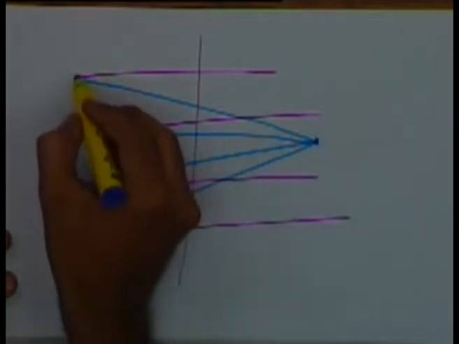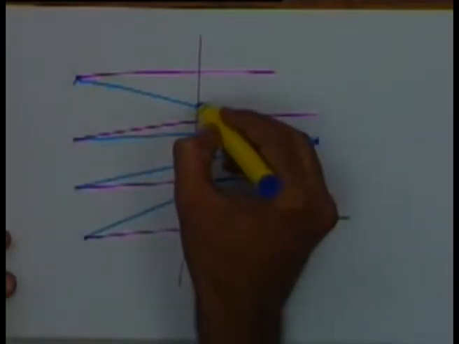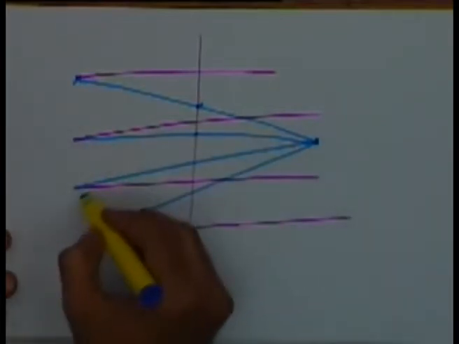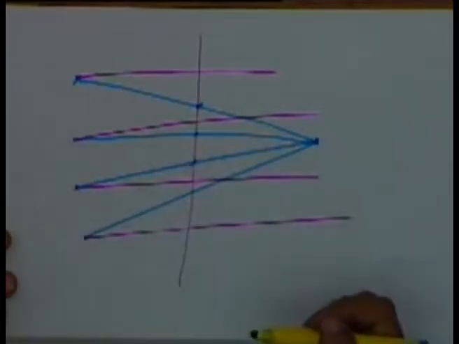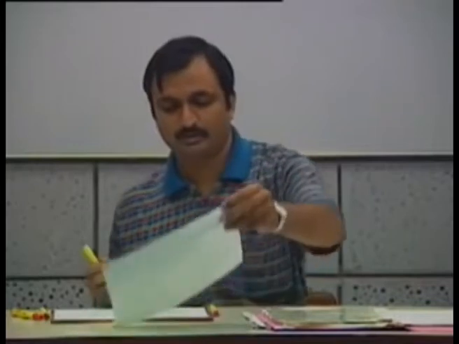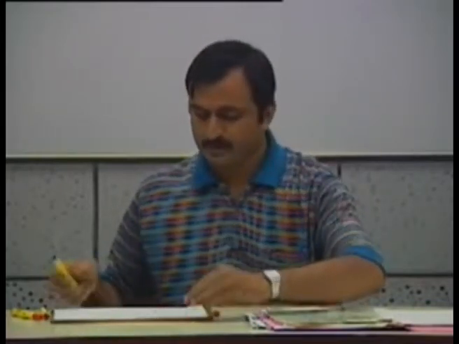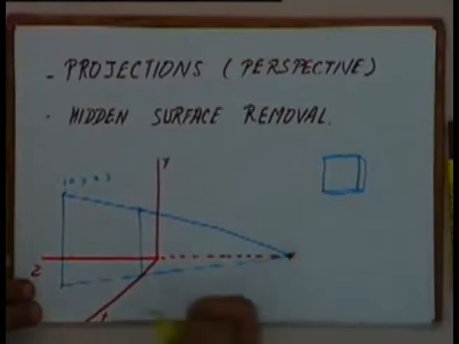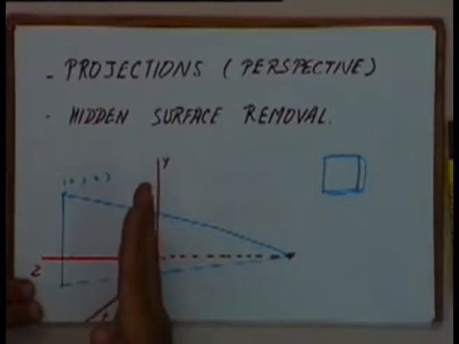In that case, a point here will get transformed to this point, and this one will get transformed here, and so on. So in the case of a perspective projection, we always define the location of the eye and we define a projecting plane.